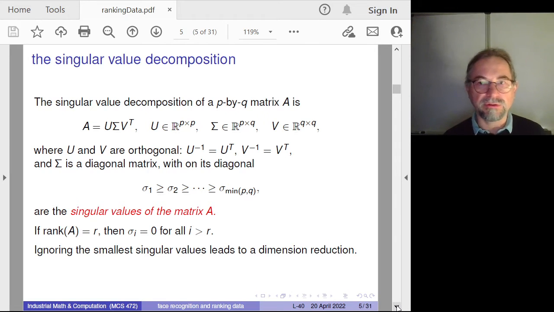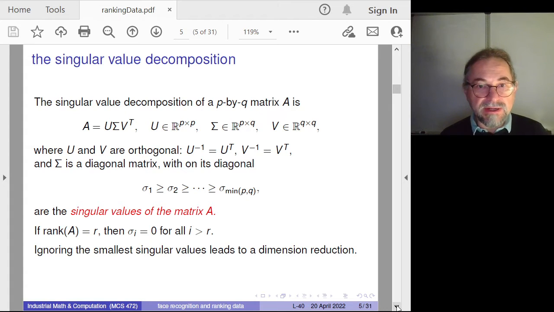The first singular value is the largest singular value. The third matrix in this singular value decomposition is again orthogonal. Orthogonal matrices are extremely important. We will see that they operate as projection operators. Throughout this course, the sequel to numerical analysis, we have applied orthogonality in many instances. This will be another instance where we apply orthogonality.